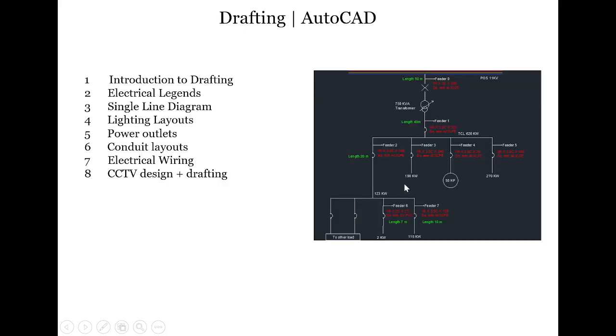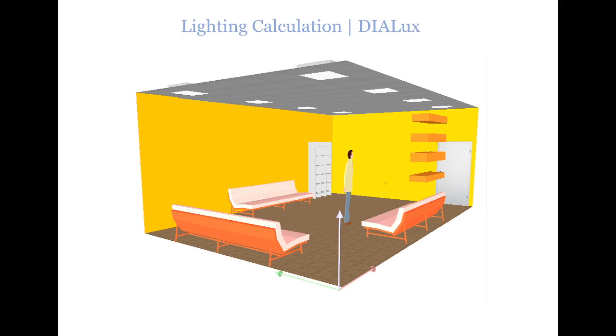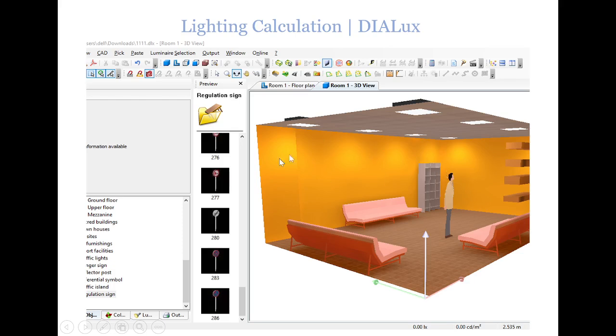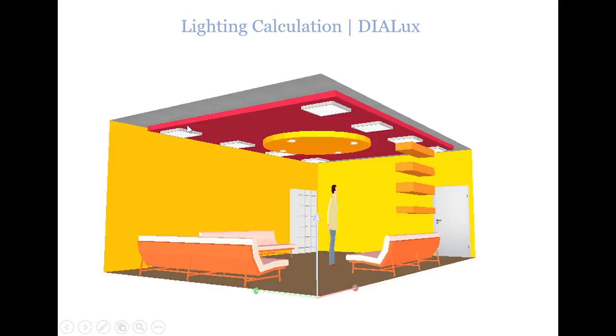DIALux means, you can see here, this is a software which is used to calculate the lighting fixtures. You can see it is created by me in this DIALux software. Here I created this scene. Painted walls. I put in the sofa, almirah, and these shelves.